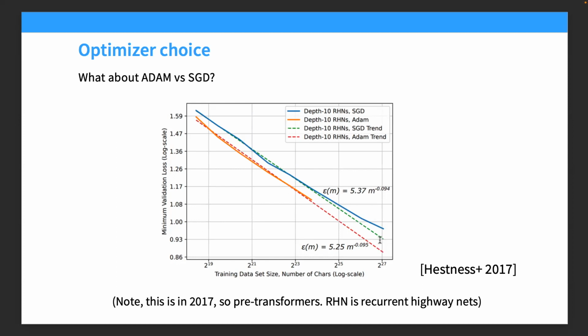From this chart, it seems that Adam performs better, at least for this task. Adam seems to consistently perform better at smaller data and model scales, and since it follows the linear relationship in the log scale, they conclude that the performance gap should also persist at larger scales.